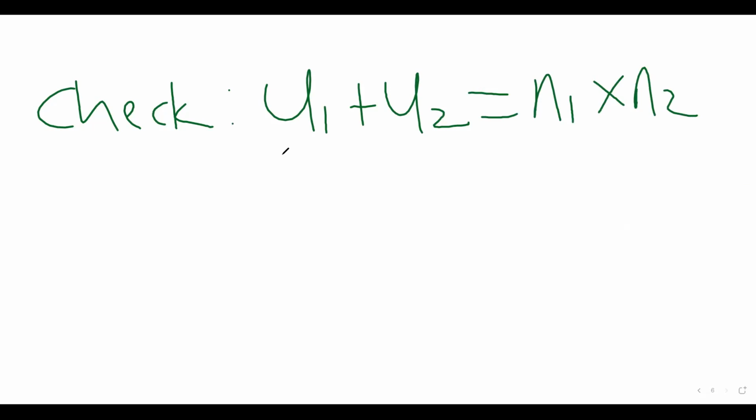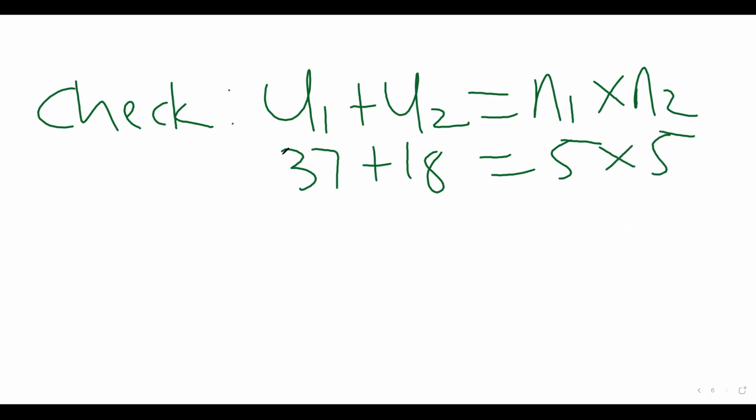Now, our U1 is 37. Our U2 is 18. Our N1 is 5, multiplied by another 5. When you check it carefully, are they not equal? Oh, sorry. It's not 37.